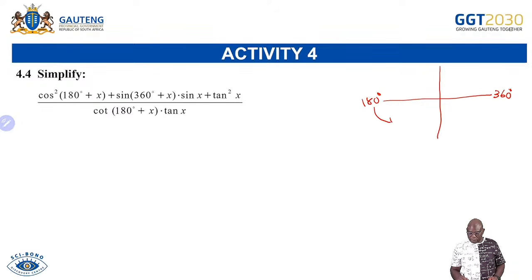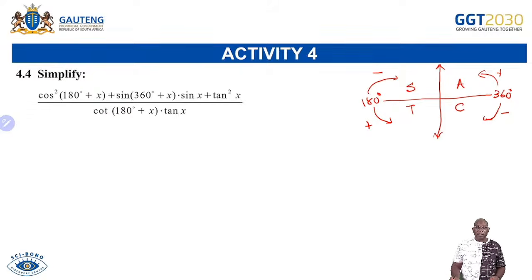You say 180 plus, 180 minus, 360 plus, 360 minus. That's all that you do. Then you write the ASTC.